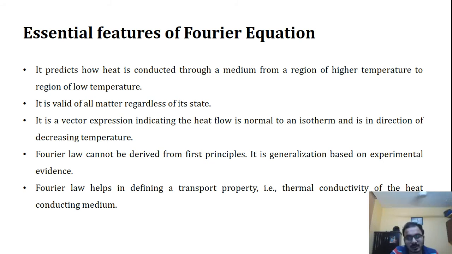Fourier's law helps in defining a transport property, that is thermal conductivity of the heat conducting medium. So with the help of Fourier equation we can define a new property which is called thermal conductivity, and we will see this in our next slide.